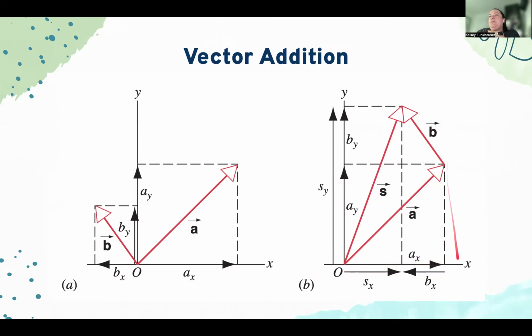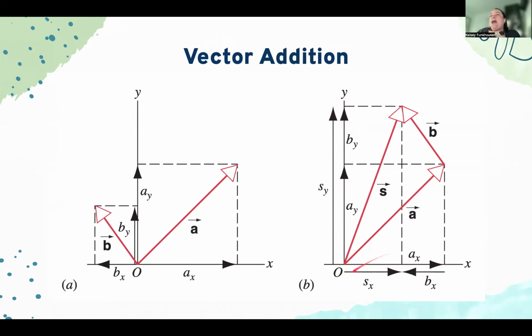And for B, we have the x component of B. It goes in the opposite direction. We can do the same thing with y. We have the y component of A and the y component of B. These two are in the same direction, so the y component of S is just those two combined.